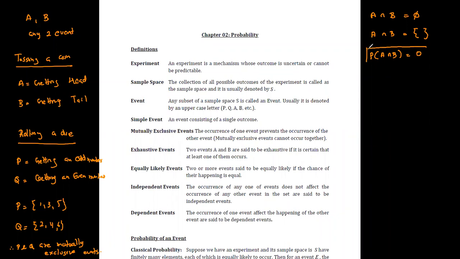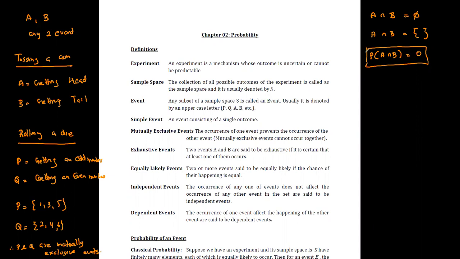Simply, if two events are mutually exclusive, there are no common elements, so the probability of A intersect B is 0. We can extend this concept to more than two events as well. It is not limited only to two events.